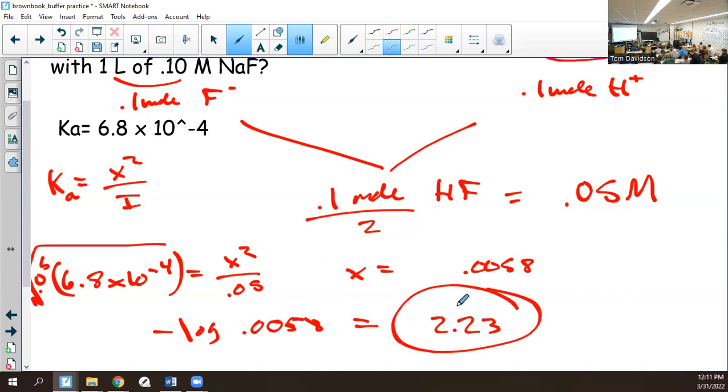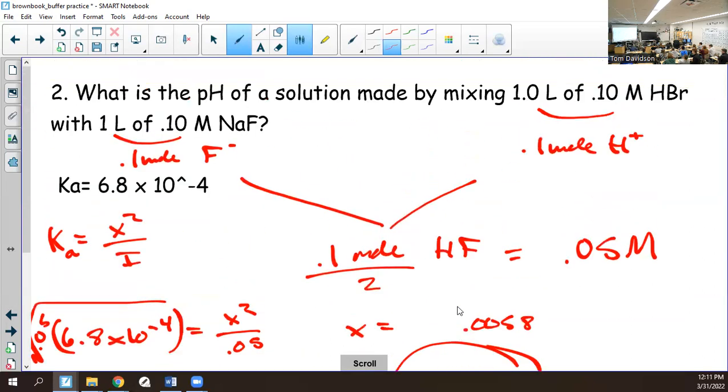Okay. So the previous one we did had strong acid, strong base, so we just found excess and went from there. This one is one of those where you're going to have to figure out if there's a buffer and then do math based on if there is or not. So strong acid plus a common ion: you have to do the chemistry first and then find if you have excess conjugate base left.